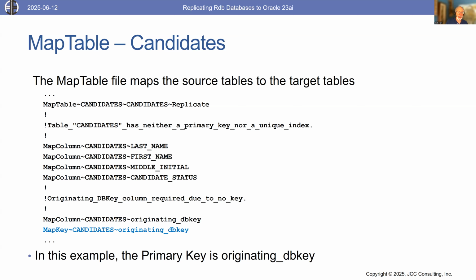Using originating DB key can be problematic because that's actually a physical address of the source data. It may be useful in some cases, but if you don't know the primary keys of your data, then you're going to want to spend some more time with this procedure or with the configuration files.